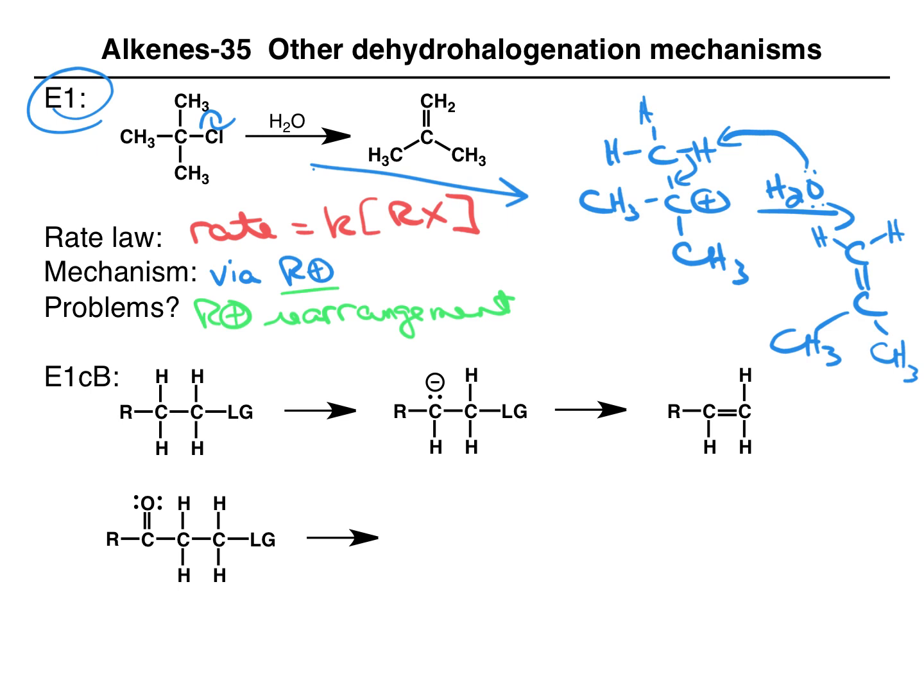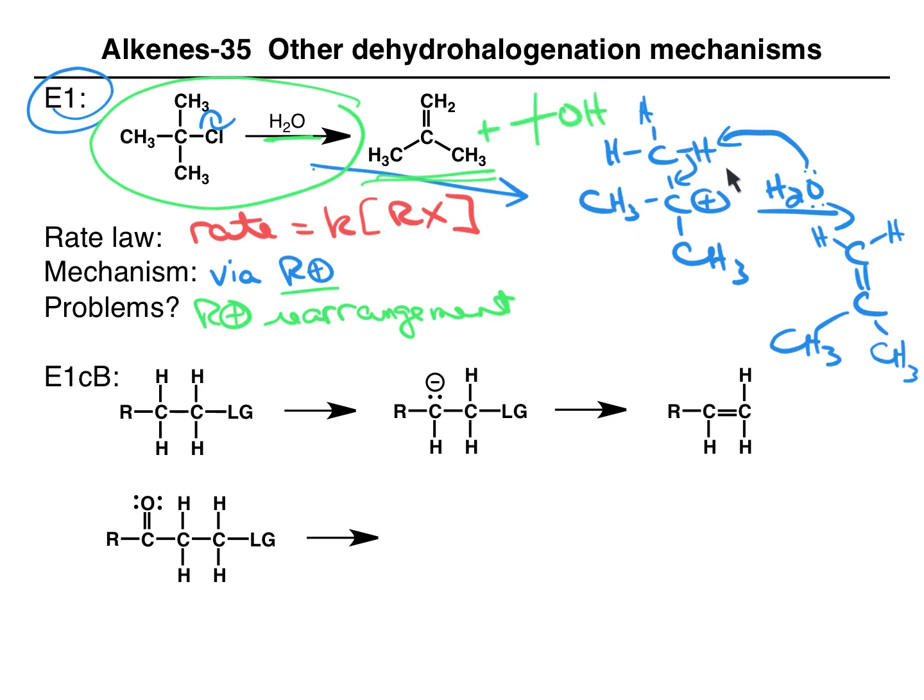And another issue, if you recall, we saw this in earlier chapters talking about substitution. So when we have an alkyl halide, especially a tertiary alkyl halide, and we react it with a very, very weak base such as water, what we're actually going to get is a mixture of elimination and substitution.